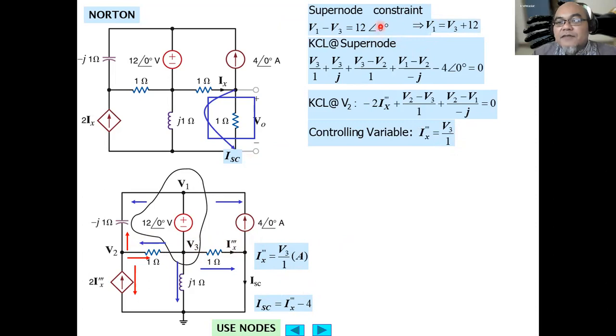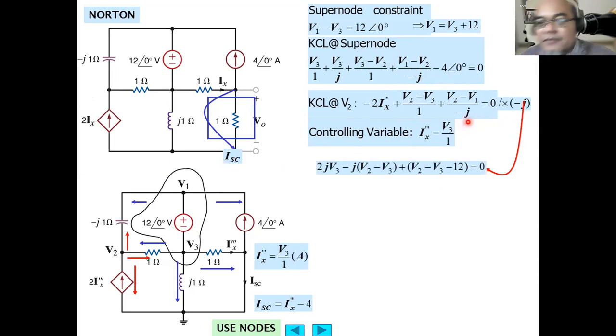So we express V1 as a function of V3: V1 equals V3 plus 12, and replace this in the KCL at the supernode. From the KCL at V2, after multiplying by minus J, we obtain 2J V3 minus J V2, replacing Ix triple dash with the controlling variable V3 divided by 1 and multiplying by minus J, minus V3 plus V2 minus V1.